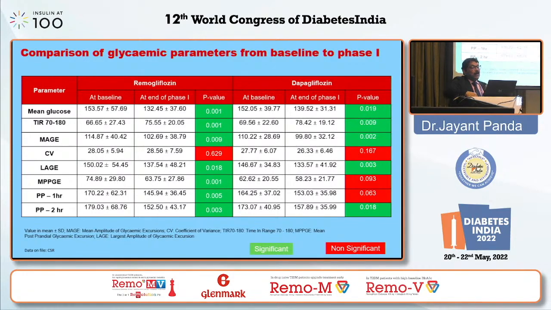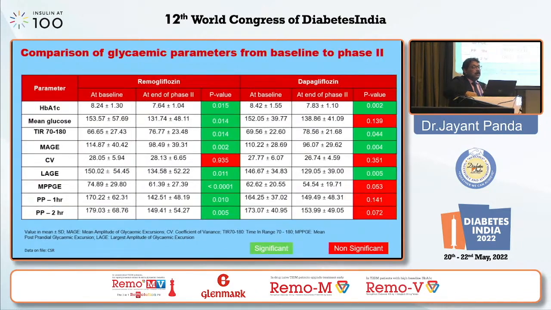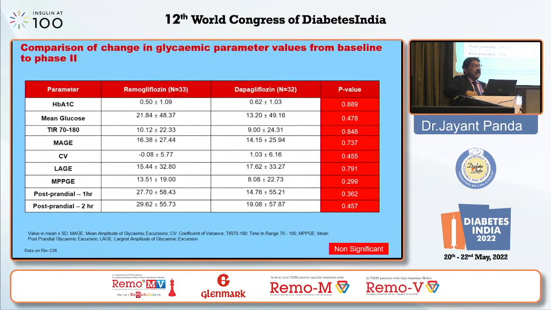The green ones are statistically significant: mean glucose, mean amplitude of glycemic excursion, coefficient of variation, as well as mean postprandial glycemic excursion. The red ones are not. So all this data of both the drugs, where some were significant and some were not statistically significant, were analyzed and compared, and the glycemic parameter values from baseline to phase 2 were seen.